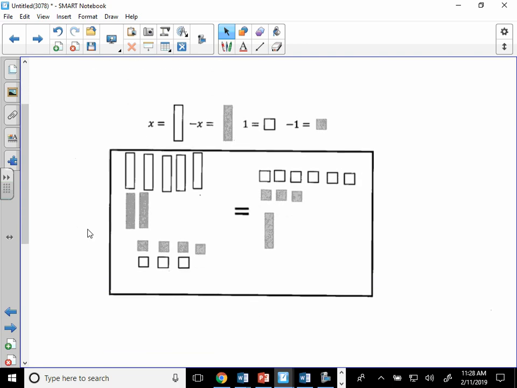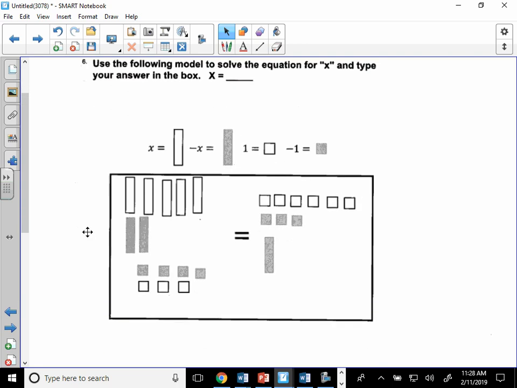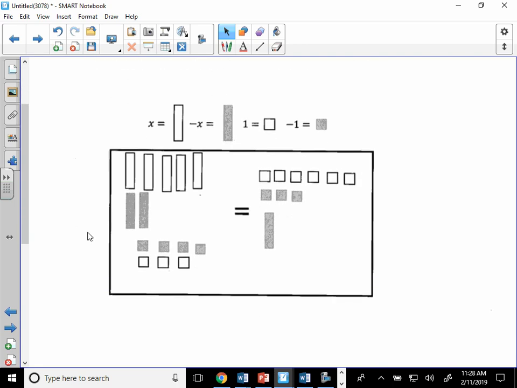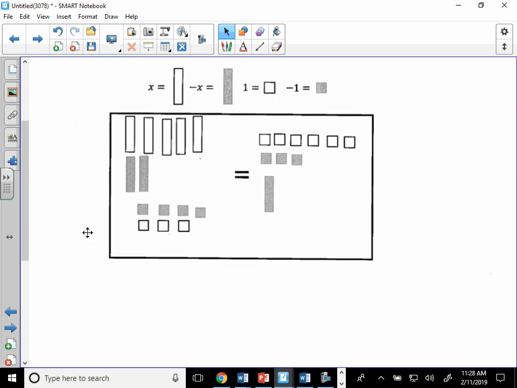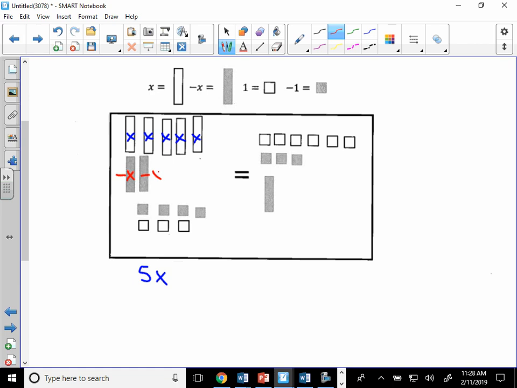Okay, this one is a model. So what you want to do is set up the equation and then solve it. So what you have here is 5x. So these are your x's right here. So 5x, 5x. Then you have a negative x here and a negative x here. So that's minus 2x.